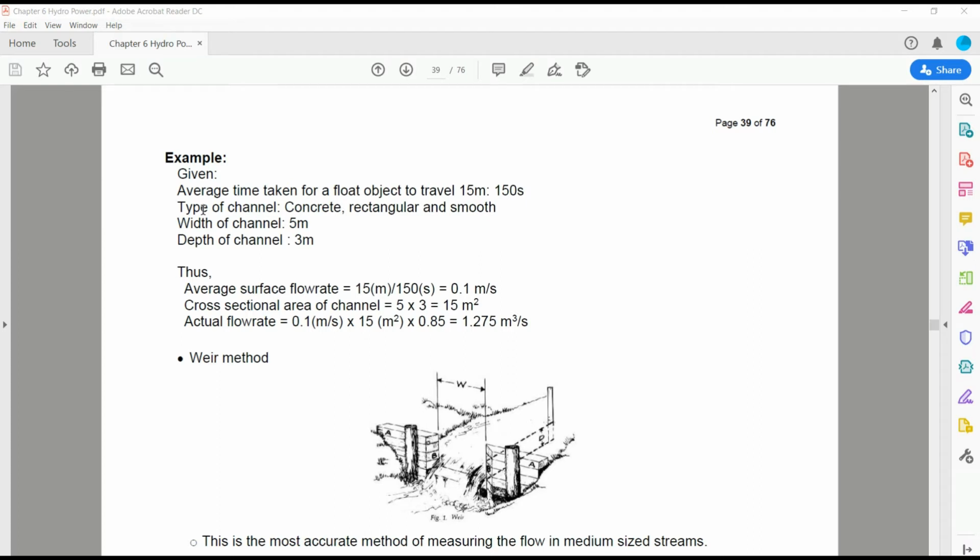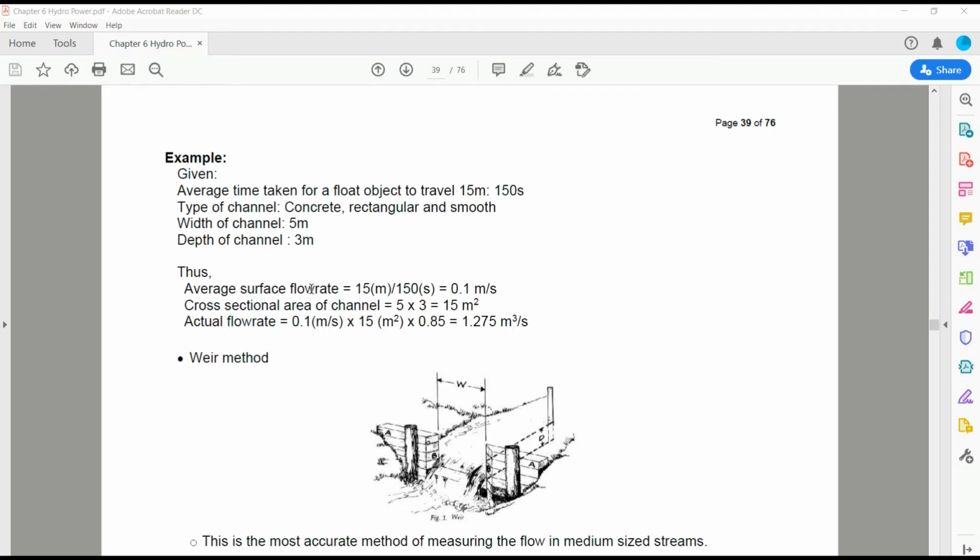So let's say the stream is concrete, rectangular and smooth, so your correction factor will be 0.85. The width of the channel is 5 meters, you measure 5 meters, and the depth of the channel is 3 meters.